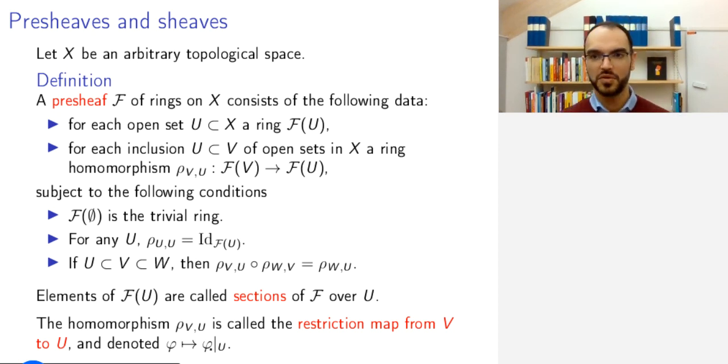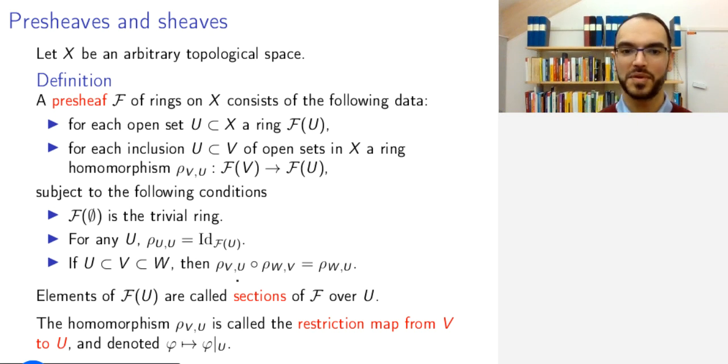So those of you who are familiar with categorical constructions might recognize that if you think of inclusion of open sets as some sort of homomorphisms in a category, really we are defining some sort of functor here. And this is indeed the case, but we will leave that for now. So it's a reasonable construction of rings on a topological space.